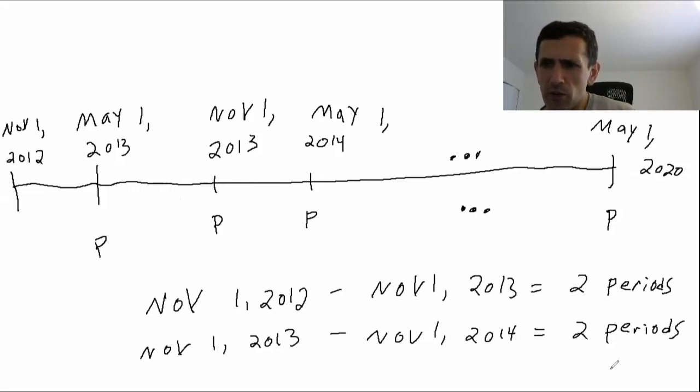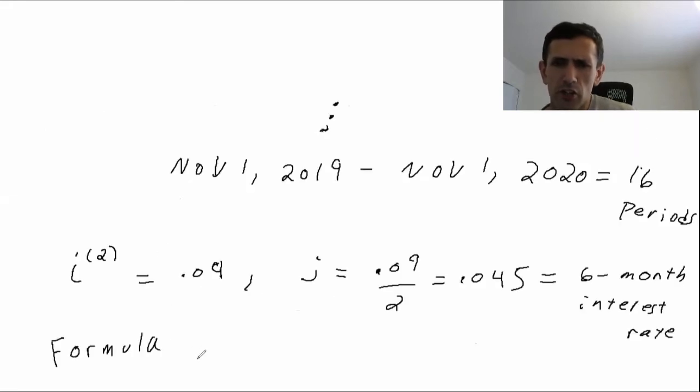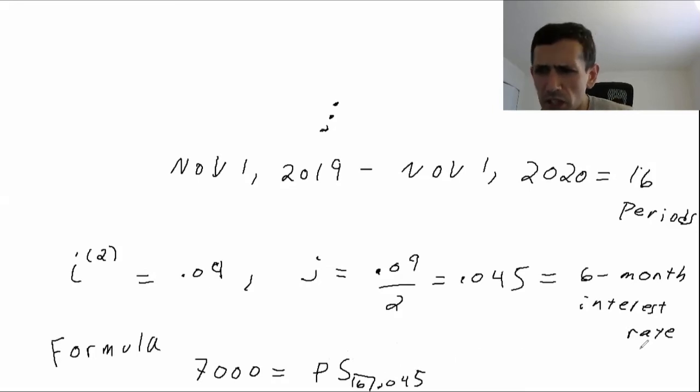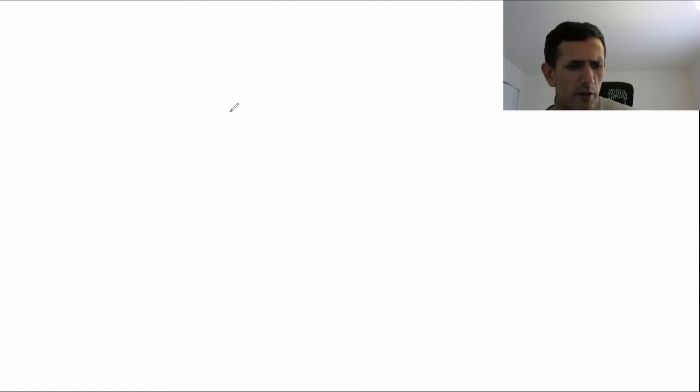Okay, so now we can just plug and chug. So we were given that we want 7,000 at the end of November 1st, 2020. So it's going to be 7,000 equals whatever P is, we don't know what it is, s angle 16 at 0.045. So yeah, let's just plug into our formula.